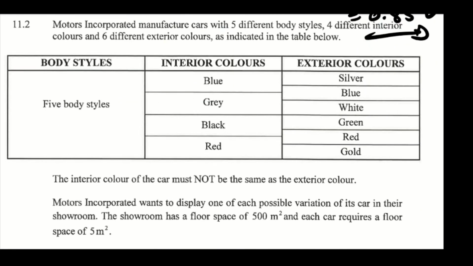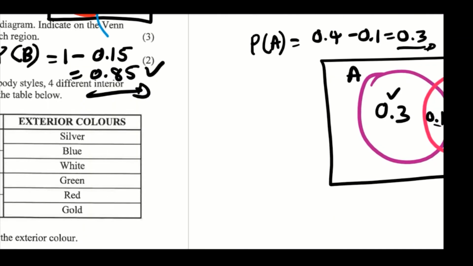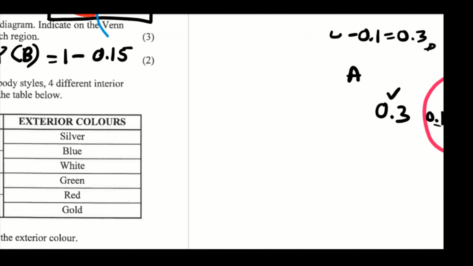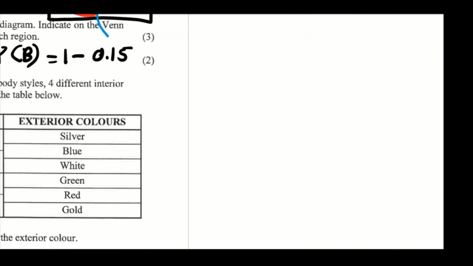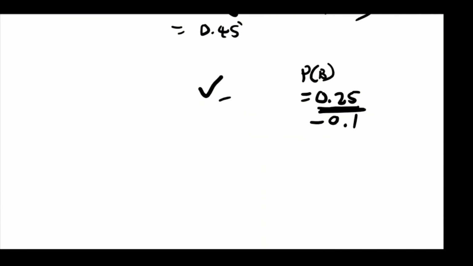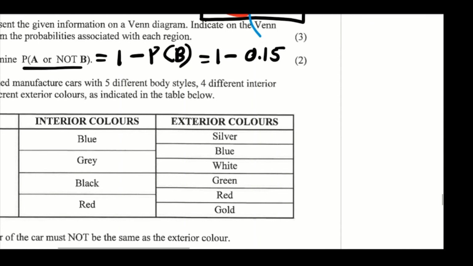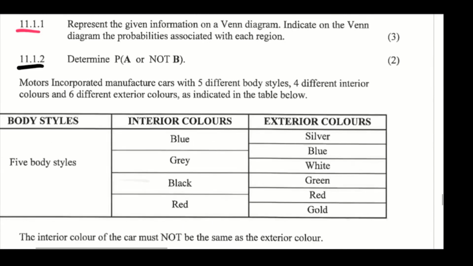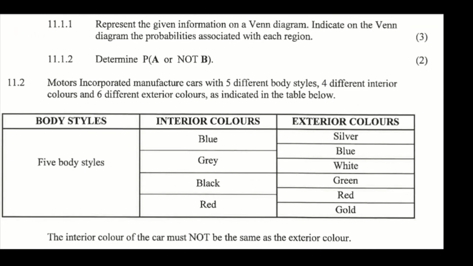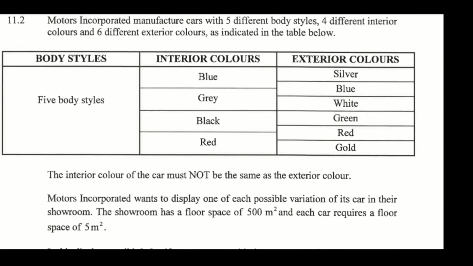And then let me erase here. So 11.2 says that Motors Incorporated manufactures cars with 5 different body styles, 4 different interior colors, and 6 different exterior colors as indicated.